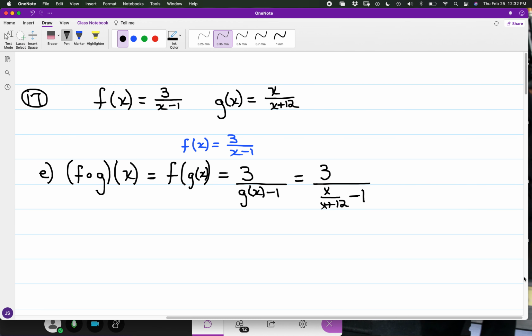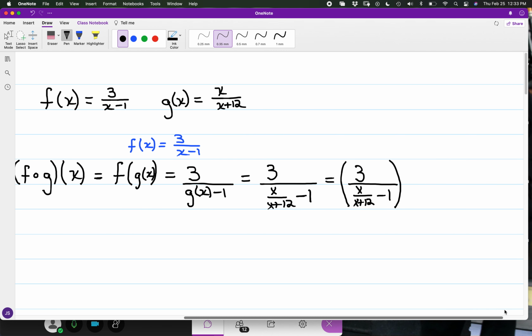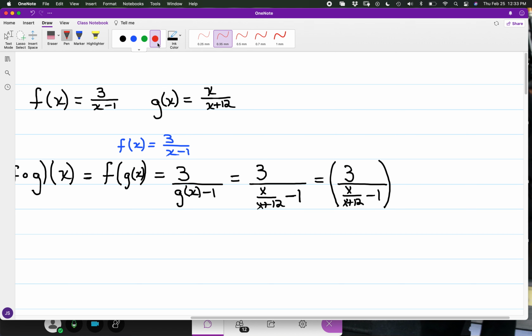To clean up the fraction, I can multiply the numerator and denominator by the bottom part of the fraction that makes this whole thing into a complex fraction, multiplying by 1 in the form of this denominator divided by itself: x plus 12 all over x plus 12.